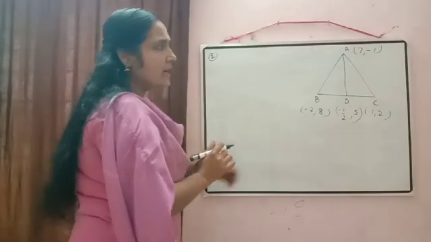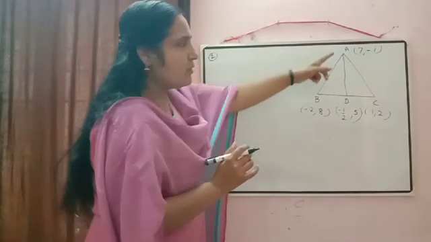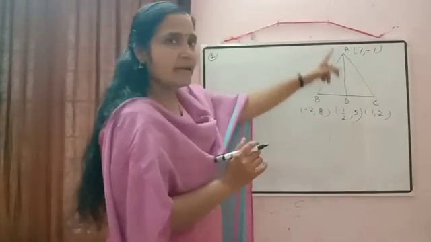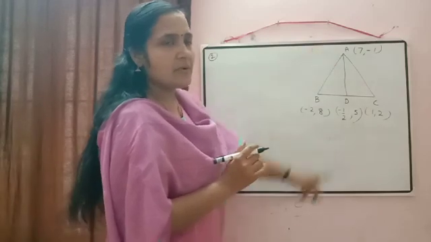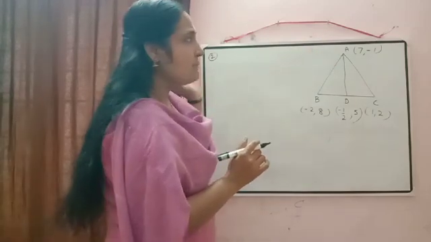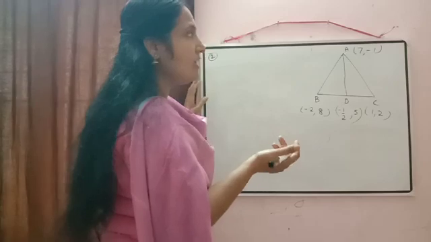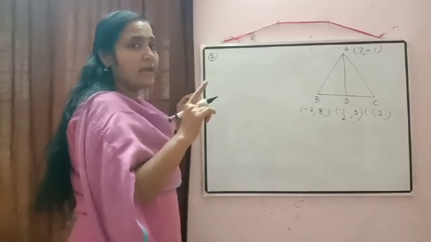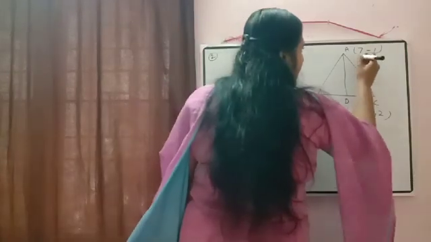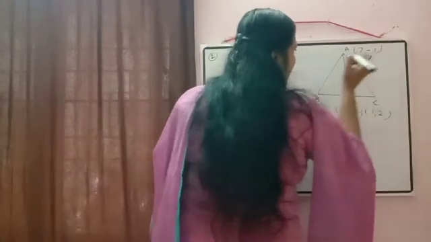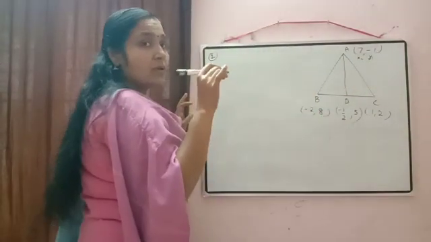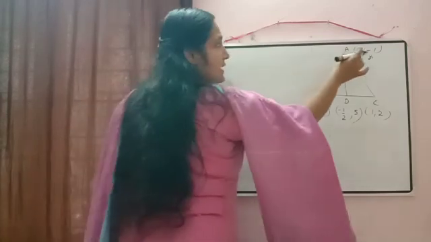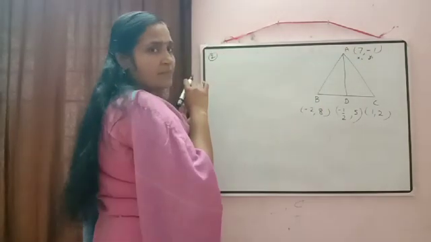So we got AD, both the coordinates we have, correct? So we will use the concept of the equation of a line passing through 2 points. Before that, you have to mention which one you are considering as x1 and y1. Suppose I am taking this one as x1 comma y1. While calculating the slope also you have to take this one as x1 comma y1 only.